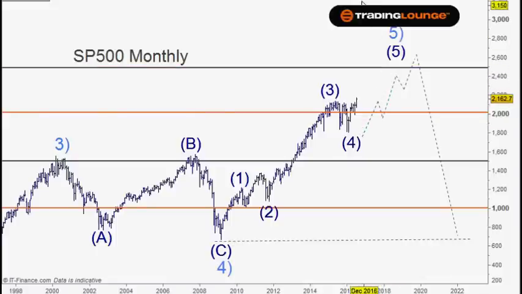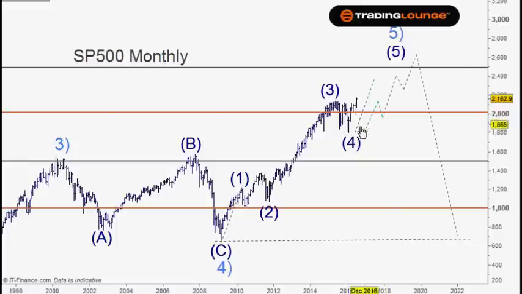So if we take the length of wave 1 from this particular point, which we'll probably do on the daily or weekly chart as well, it brings us a little bit short of our target up here. So we need to be mindful of that as well, okay?